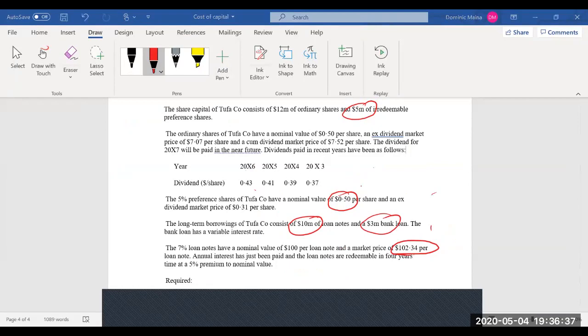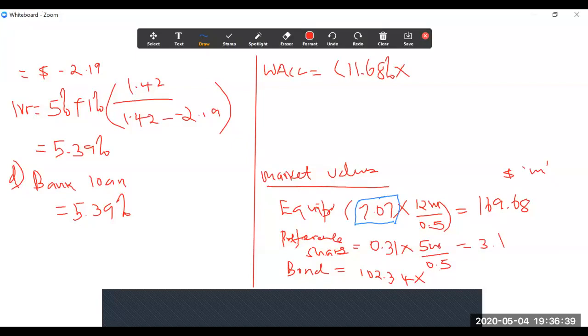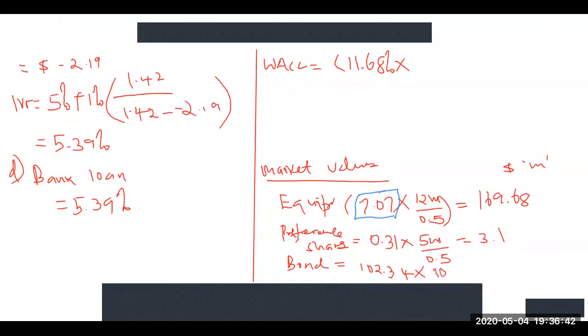Therefore from there we can estimate the number of bonds issued: 10 million divided by the nominal value per bond, 100. That gives 10.23, which becomes the total market value of company bonds, so 102.34 times 100,000, the number of bonds issued.